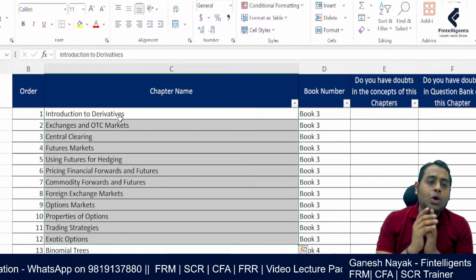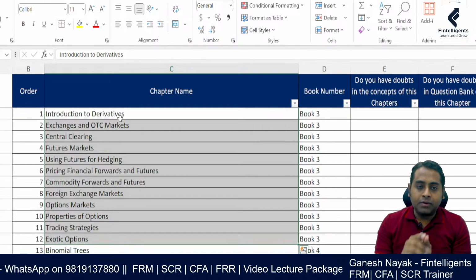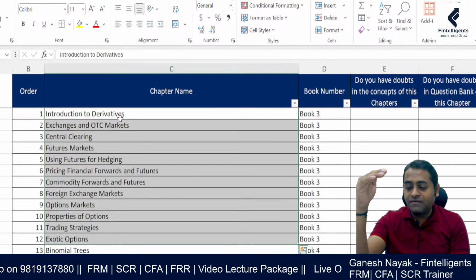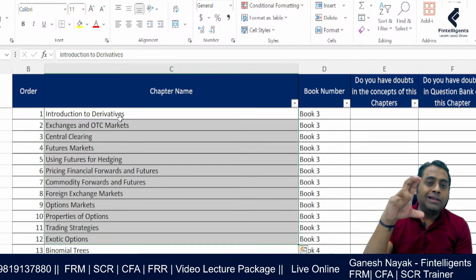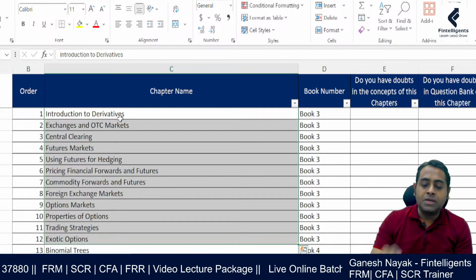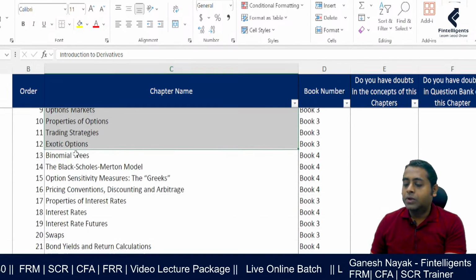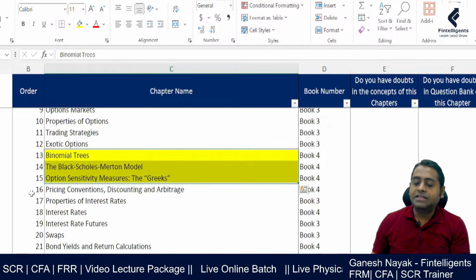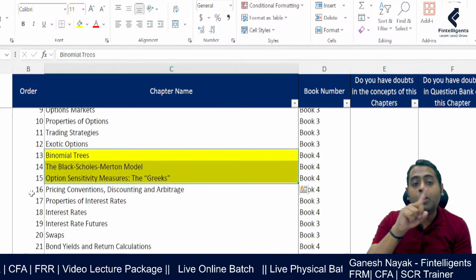On an average, 1 hour of reading per chapter is what you're supposed to give. Once you're done with all the core chapters of book 3, the next 3 chapters, I'm just going to color them, next 3 chapters in one go, are coming from your book 4.